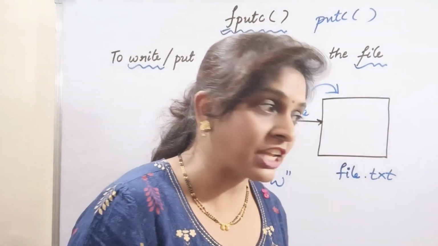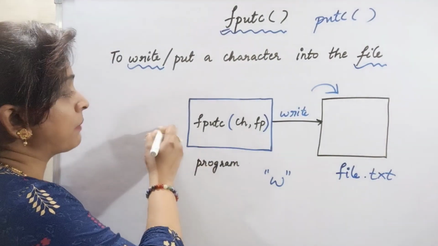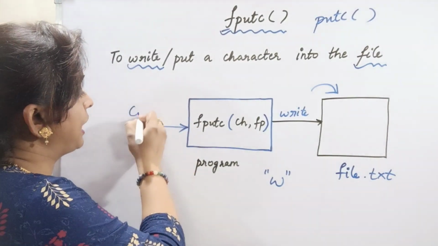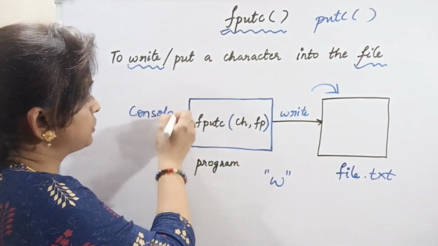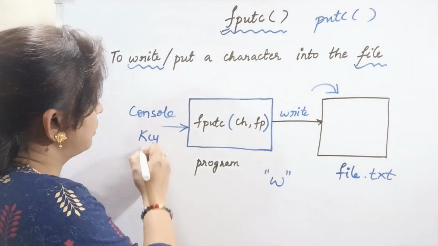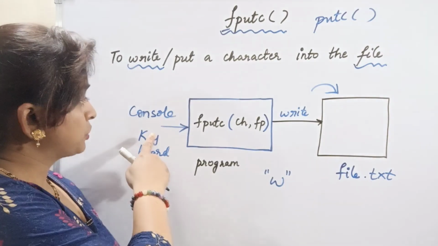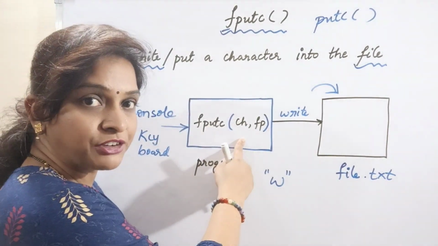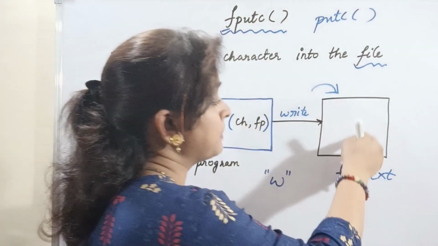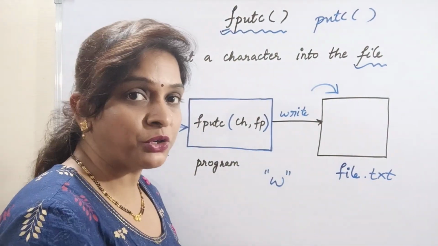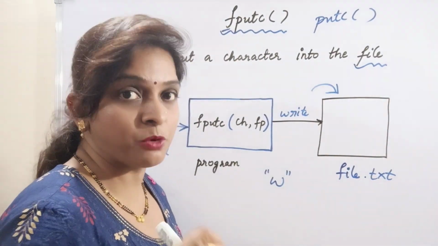So at the initial stage, to the program, we need to supply the input through the console, that is, through the keyboard. We give a character and that character will be put into the file. So how to do this? Let us see with an example program.